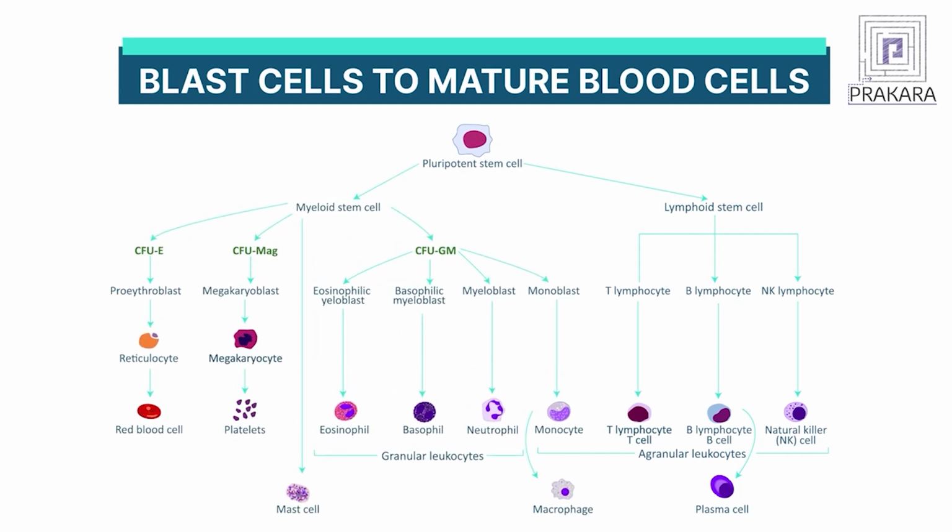Then on the myeloid side, you will have your RBCs, your monocytes and your mast cells, all your WBCs, neutrophils, eosinophils and basophils, all your granular WBCs, and you will also have your RBCs.